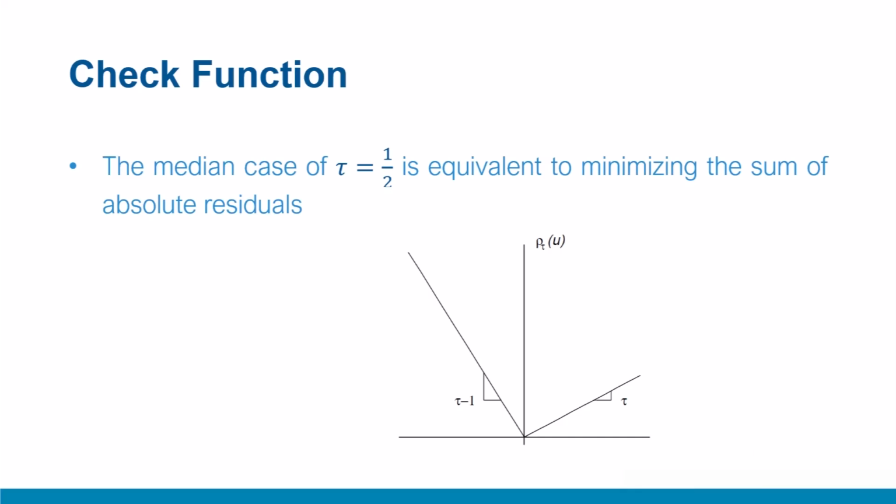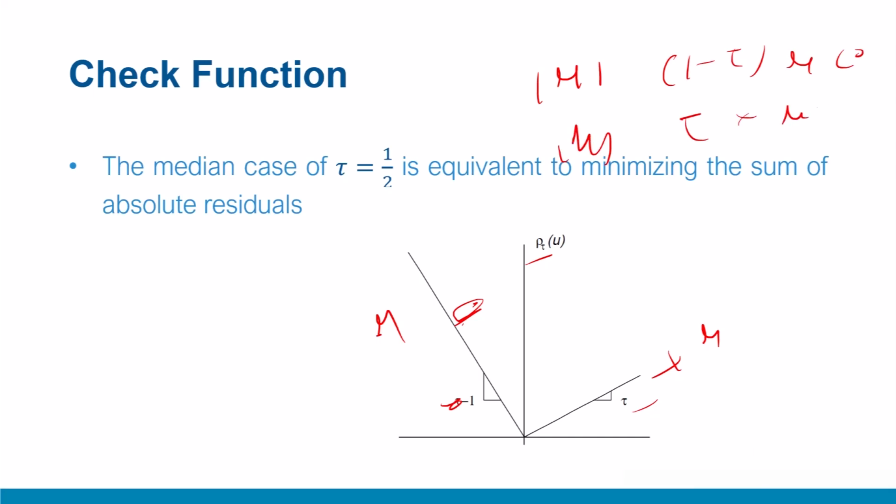So effectively what this check function would do is that all the negative side residuals mu i will be multiplied by tau minus 1, and positive residuals mu i by tau. So effectively it is like multiplying the mod with 1 minus tau for mu less than 0 and multiplying the error residual with tau for mu greater than 0. Recall, if tau is half, then you'll get the median. So to summarize, in this video, we tried to formulate quantiles as solutions to minimizing a particular loss function, which is a weighted value of deviations.